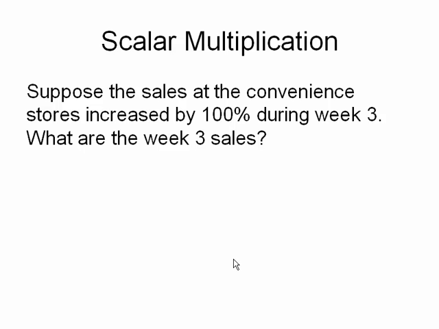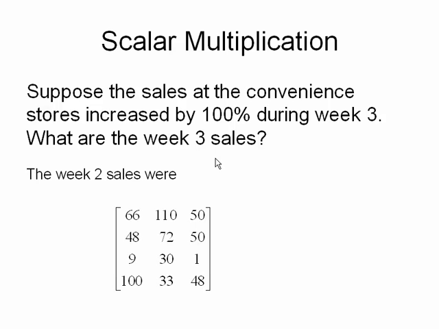So suppose the sales at the convenience stores I was talking about increased by 100% during week 3. What are those week 3 sales? So the week 2 sales that we saw in the previous section were a 4 by 3 matrix with 66, 110, and 50 in the first row, 48, 72, 50 in the second row, 9, 31 in the third row, and 100, 33, 48 in the fourth row.